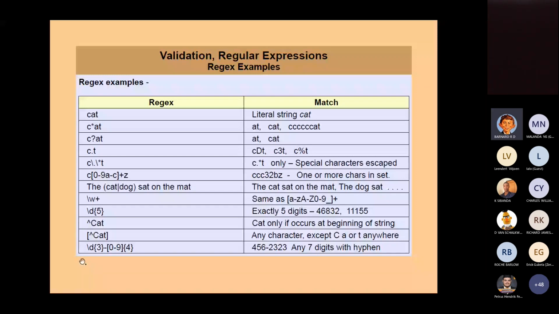Then the last example, the backslash D, we're saying any digit, 0 to 9, repeated 3 times, then a literal hyphen, then any digits in the range 0 to 9 repeated 4 times. So that basically gives us any 7 digits with a hyphen after the 3 digits.